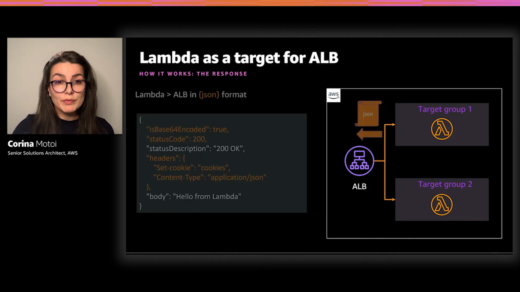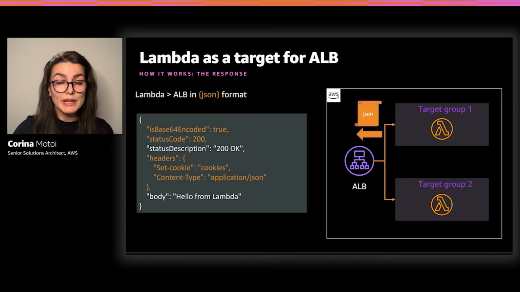The response coming from Lambda to ALB is again in JSON format and includes the base 64 encoding, the status code, and the headers. Those are mandatory. If the base 64 encoding flag is set to true, the load balancer decodes the response, gets the binary content, and then sends it back to the client in the form of the HTTP response.